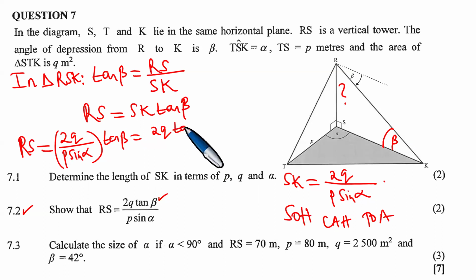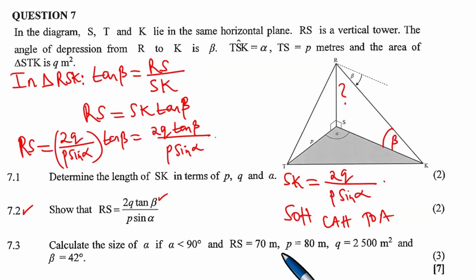And these are as proven 7.2 for the 2 marks there. So our RS is 2Q tan beta divided by P sine alpha. So that is very important for us to take into account and to consider very seriously.